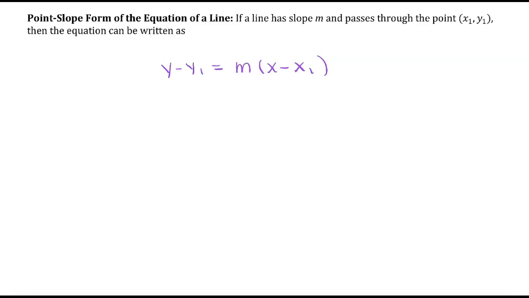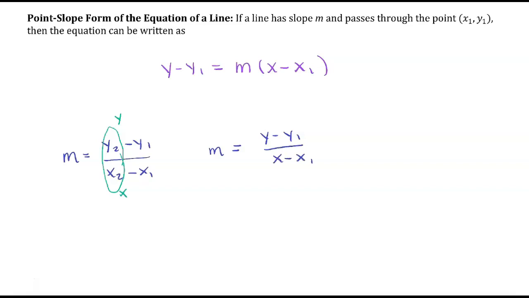Recall that our equation for slope is m equals (y2 minus y1) over (x2 minus x1). Instead of x2 and y2 as the second point, we're going to swap those out for just the generic y and x as any point on the given line. So now we have m equals (y minus y1) over (x minus x1).